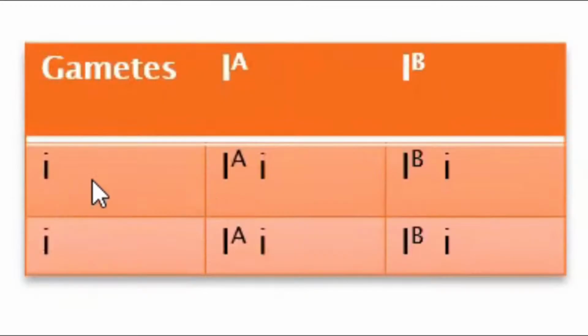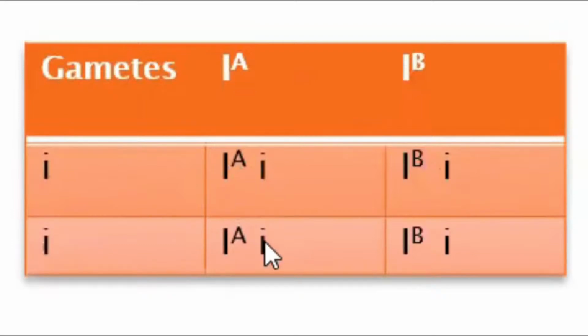So now this crosses with this, because when I draw a line here and a line here, they meet here. You see? So now this and this, you have capital A, small i. Then this and this, you have capital B, small i.